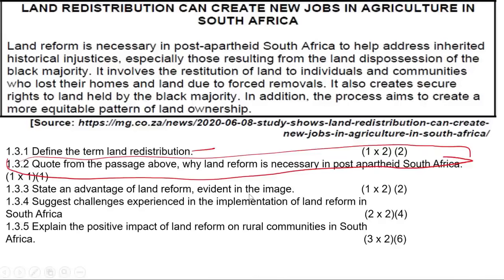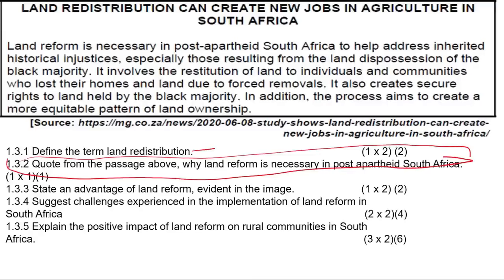State an advantage of land reform evident in the image. That one is important. What are the advantages of land reform? People can do farming, people can have houses, the quality of life can improve. This is a concept, so even if the question refers to looking at the extract, you need to know the advantages of land reform.